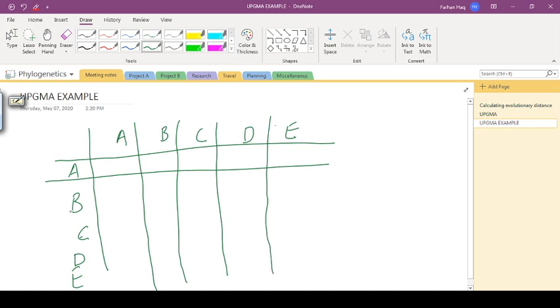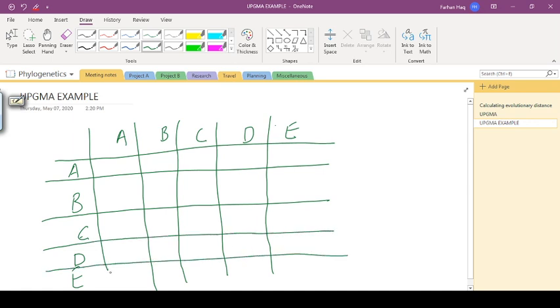The matrix contains the number of nucleotide differences or protein differences between two sequences. To generate a tree, first we should have the distance between A and B, A and C, A and D, and A and E. Similarly, B against C, B against D, and so on.